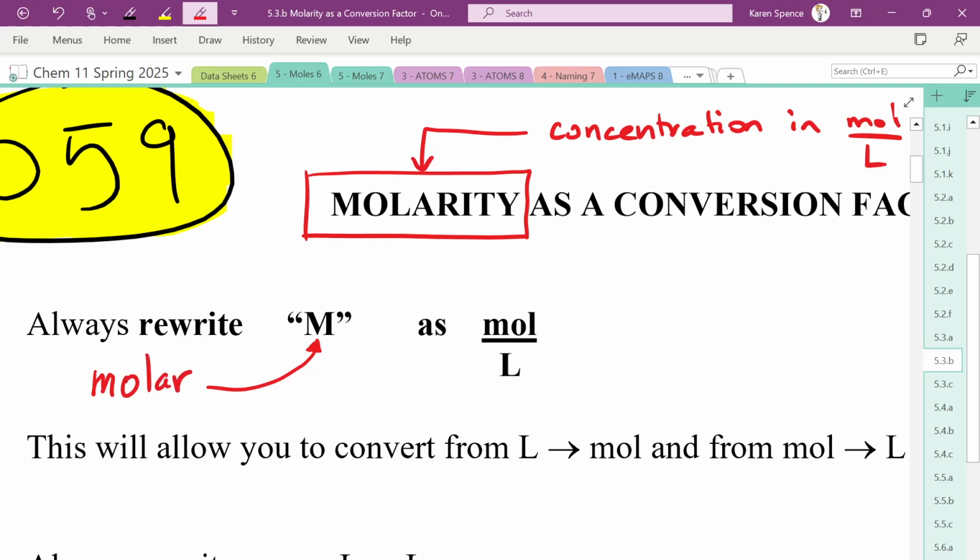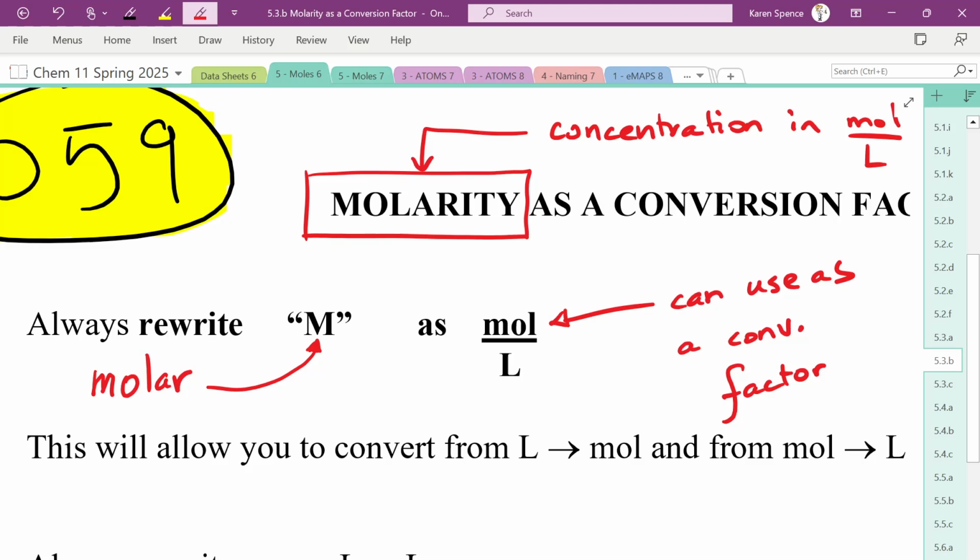So you will probably be given molarity in the question as molar, but you are going to rewrite it as moles over liter, because this you can use as a conversion factor. Now you have a unit on the top and a unit on the bottom. So now instead of having 4 conversion factors, we have 5.